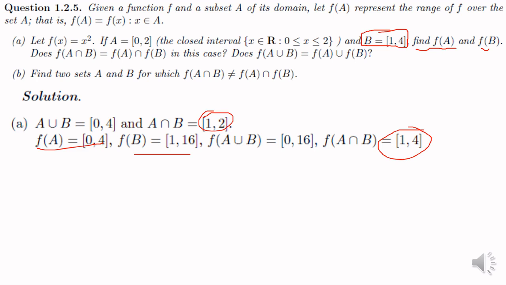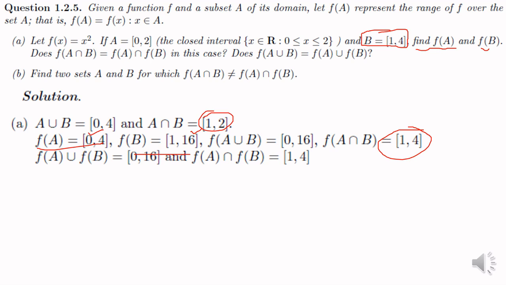We'll find the union of both. fA union fB: fA is 0 to 4 and fB is 1 to 16, so fA union fB will be the closed interval 0, 16. And also fA intersection fB, that means the common region for the closed interval 0, 4 and the closed interval 1, 16, will be the closed interval 1, 4.